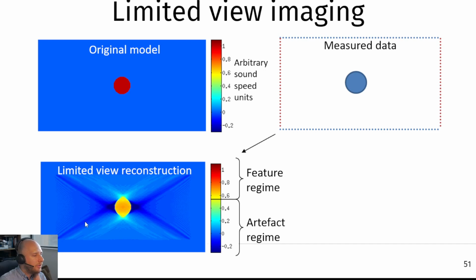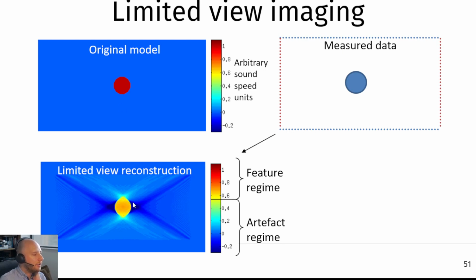Well, what we can do is we can try and look at this image here and split it into two regimes based on the contrast of each pixel. And we say that above a particular value, these values seem to be true. They seem to correspond to the true features. So anything above, say, 0.55 tends to be in this kind of orangey, reddy region, corresponding to the true value.